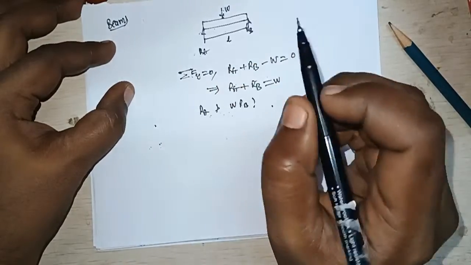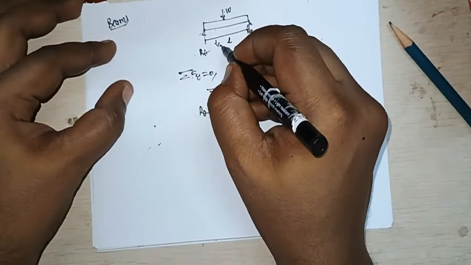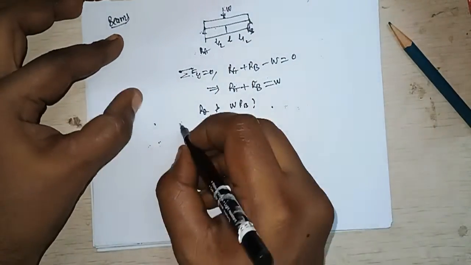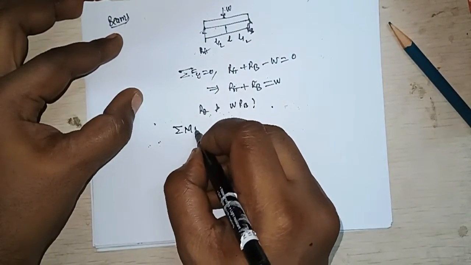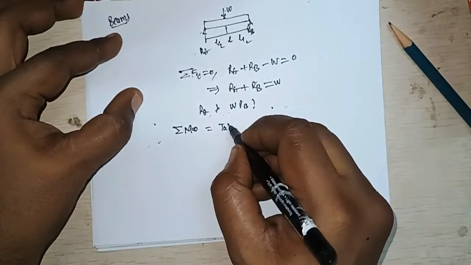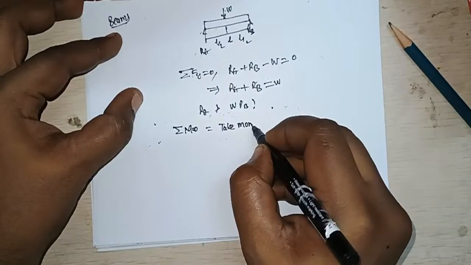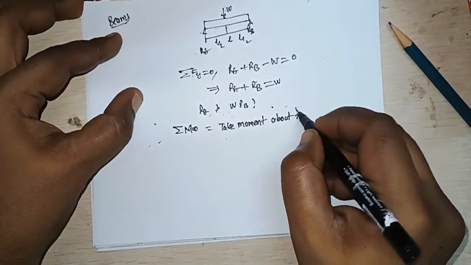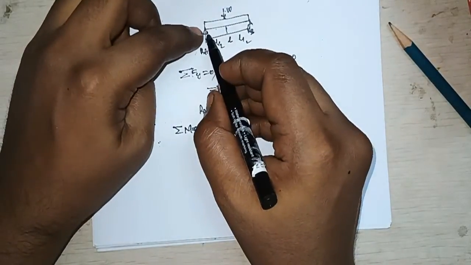Now you need a length, and this is L by 2 and this is L by 2, half of the beam. Now sum of the moments is equal to 0, right? I have discussed. So take moment about A. From A you have to take the moment.